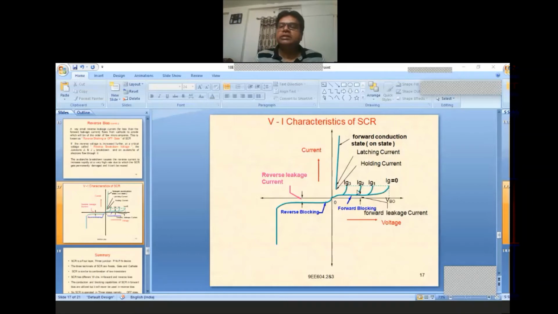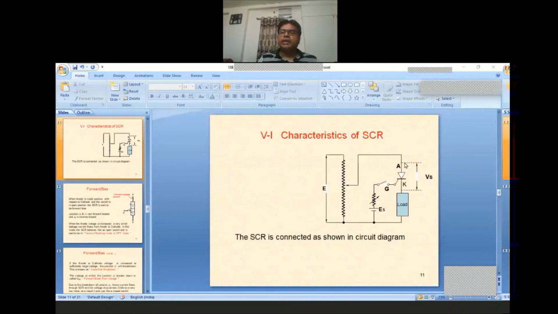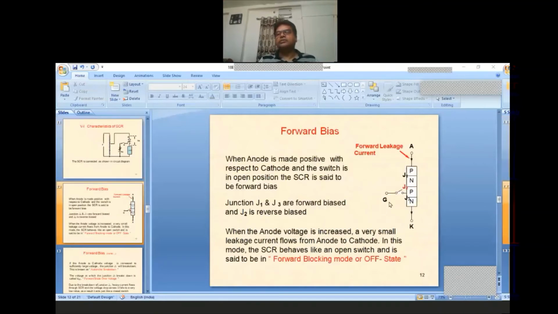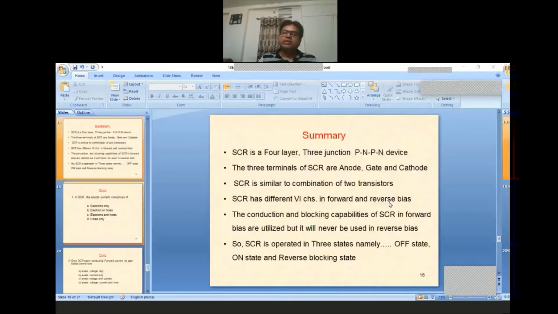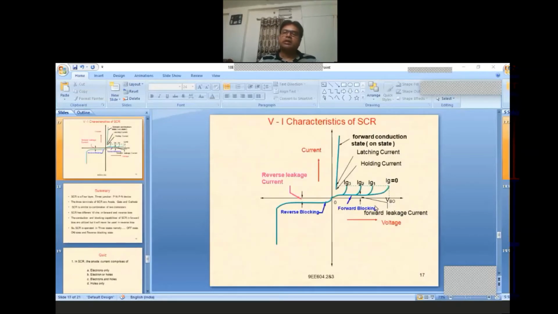So we can easily understand from this that when the same voltage is maintained across the anode and cathode, with a very small pulse, triggering pulse or firing pulse given between the gate and cathode, SCR will turn on and enter into conduction mode in lesser time and at lesser voltages. So instead of higher voltages, we can give lesser voltages between anode and cathode, and SCR turns on. So that is how you can control the characteristics and turn on times.